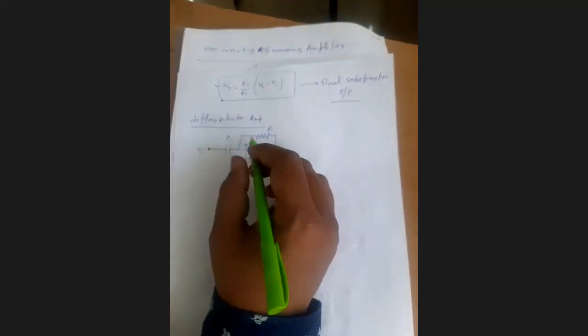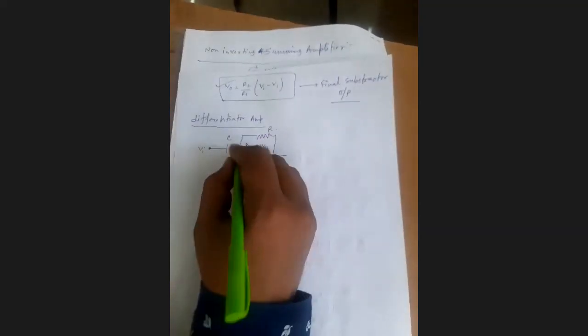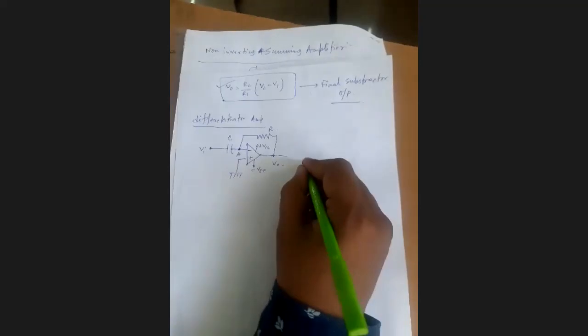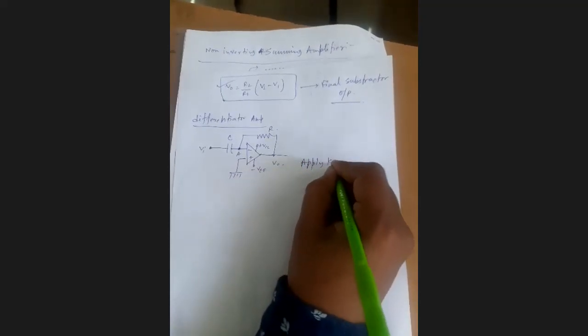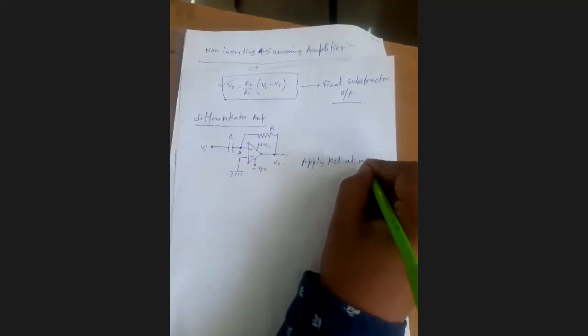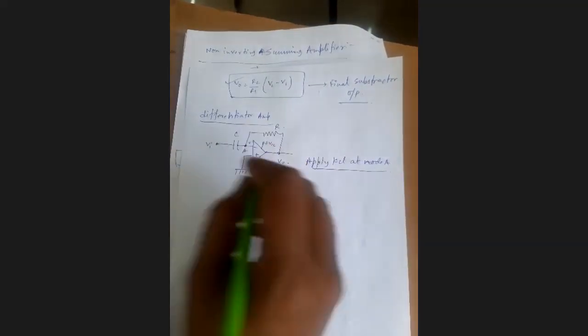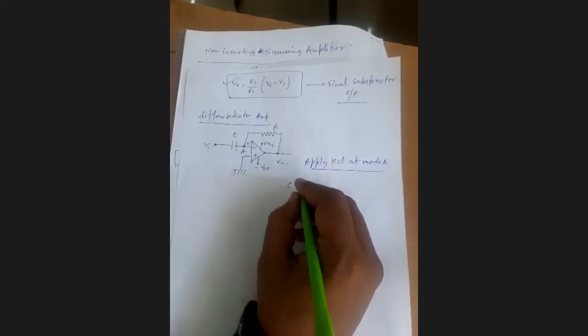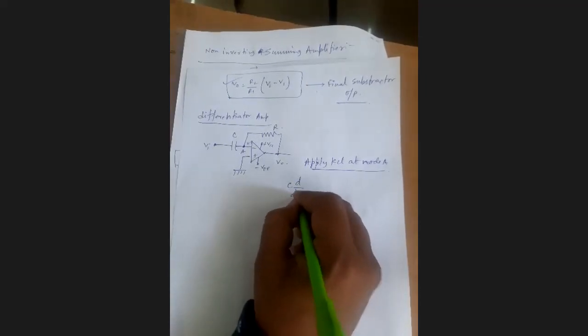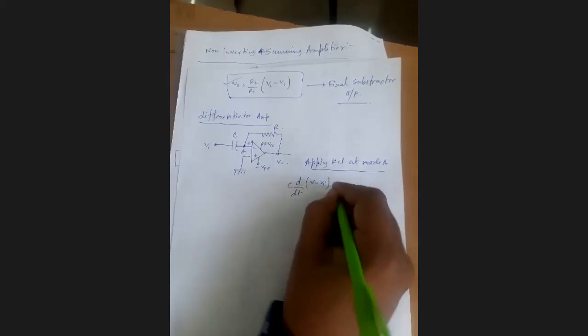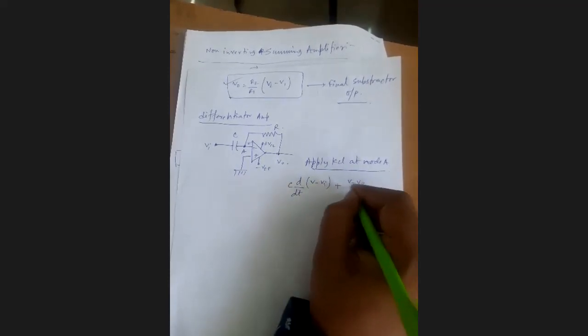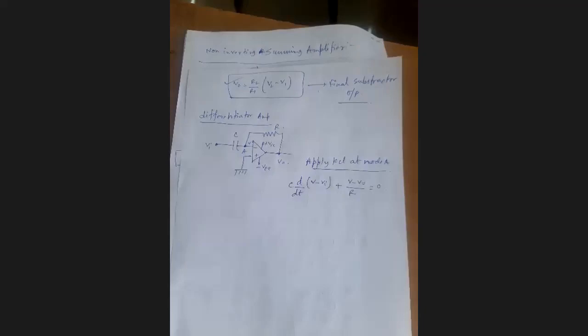If we apply the differentiator operational amplifier circuit, at node A we again apply the KCL. If the voltage is denoted as V, then C into d/dt of (V minus Vi) plus (V minus V naught) by R is equal to 0.